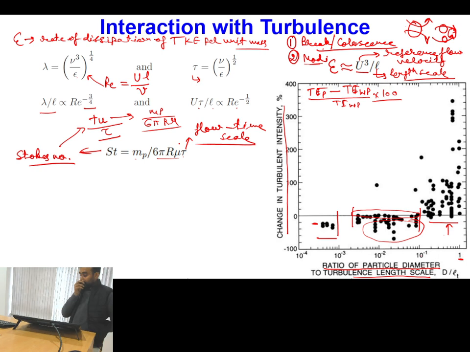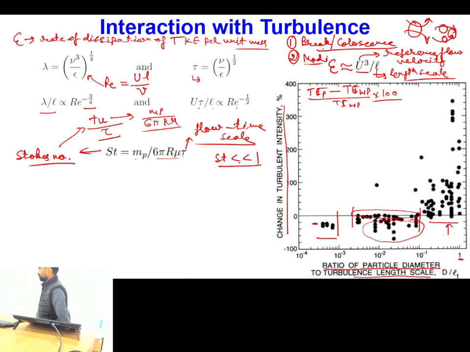Okay, now when this Stokes number is very small, less than 1, what happens? Particle relaxation time is very small in comparison to the flow time scale. Okay, what is particle relaxation time? The time taken by the particle to come into equilibrium with the surrounding velocity field.